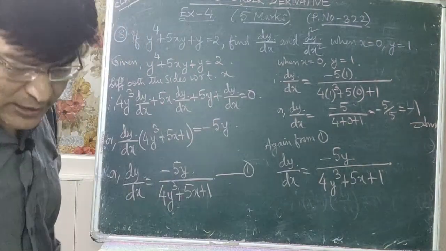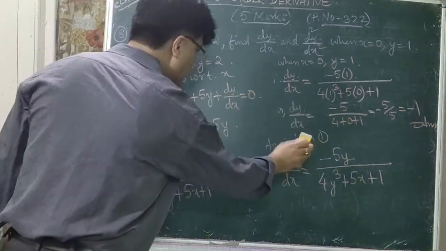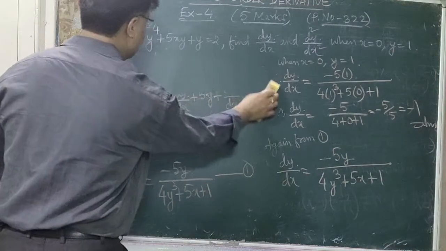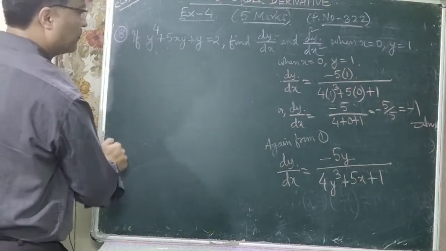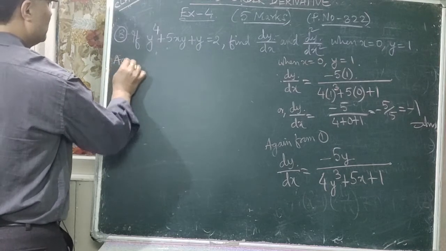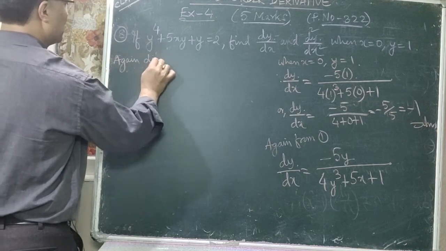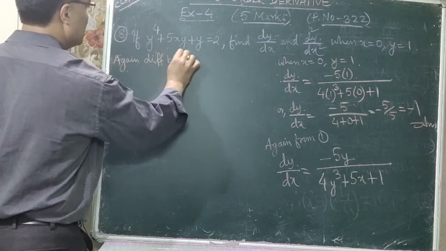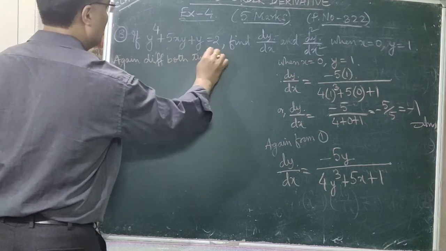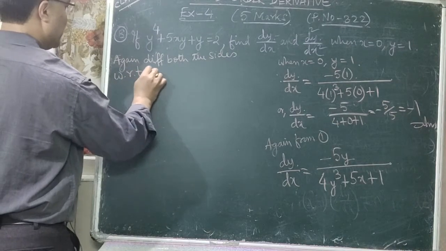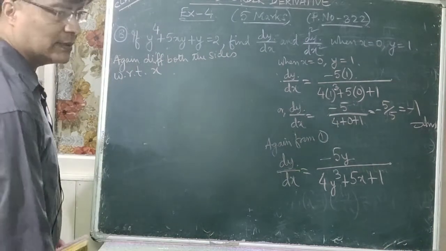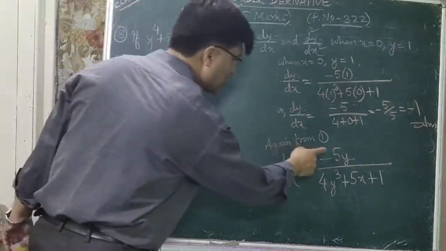Okay, now let's differentiate it both the sides with respect to x. Again differentiating both the sides with respect to x. Now in this case you have to use the u by v rule.